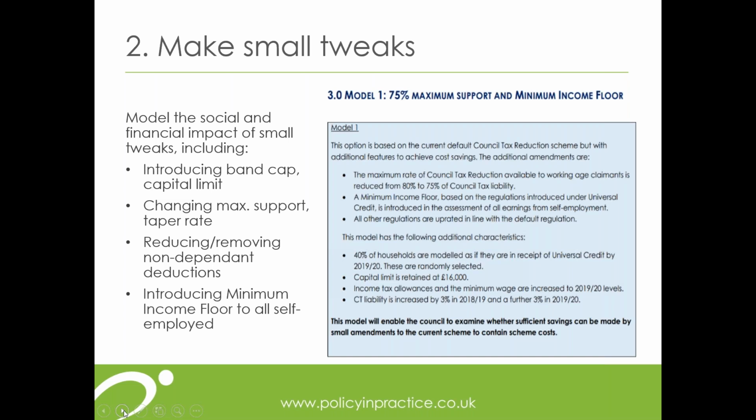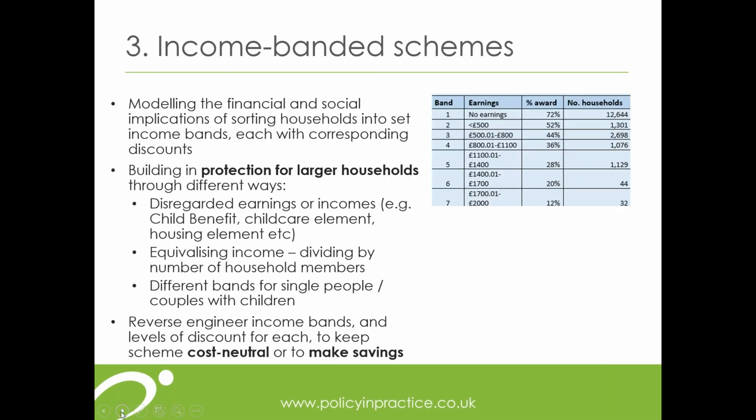However, this was not enough to then meet the changed objectives of the council that Allan discussed to make further savings of 3.2 million. So if we move on to the next slide, we also provided two income banded schemes which were modelling the financial and social implications of sorting households into income bands based entirely on their earnings, disregarding benefits which were meeting set needs based on characteristics.